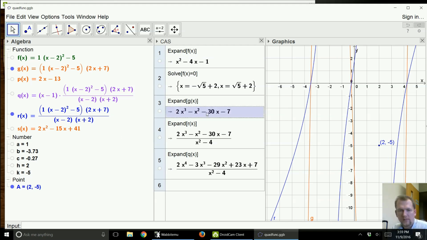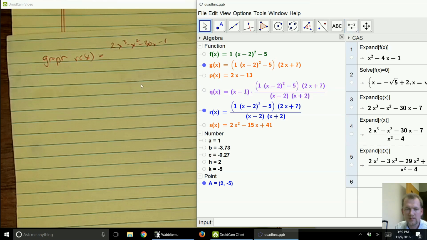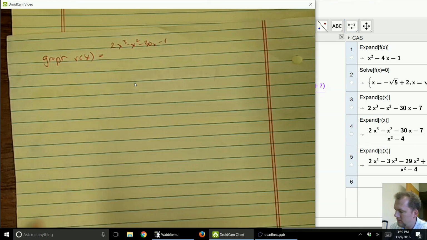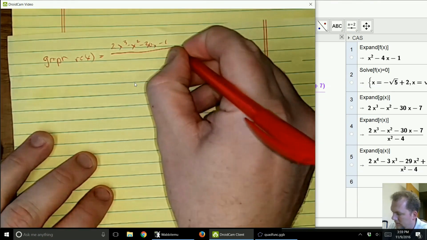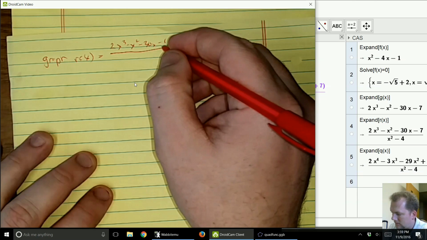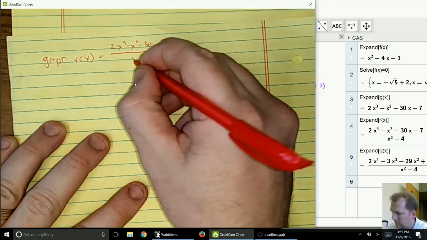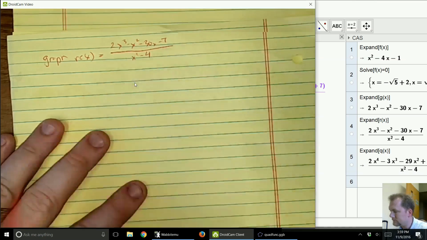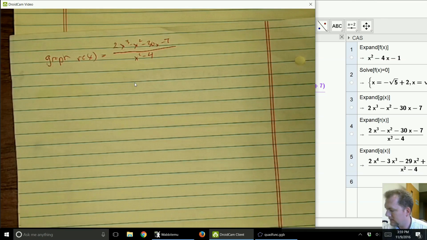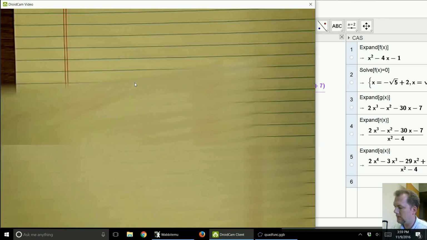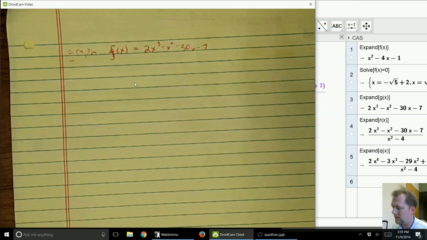So now this r of x is the thing I'm going to deal with: all of that over an x squared minus 4. We'll do that problem as well, but we're going to start with the cubic numerator.